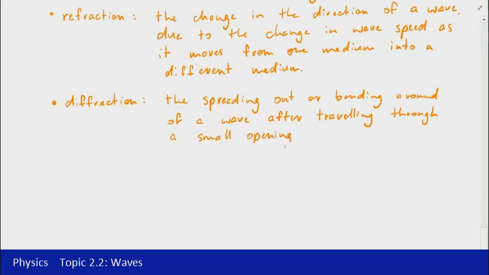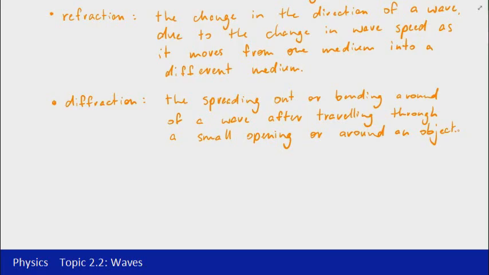The reason I'm saying that you deal with this every day is that you can hear sound waves around a corner. The sound waves are actually bending around the wall, around the corner that you might be standing near, so diffraction can cause waves to bend in that sort of situation.